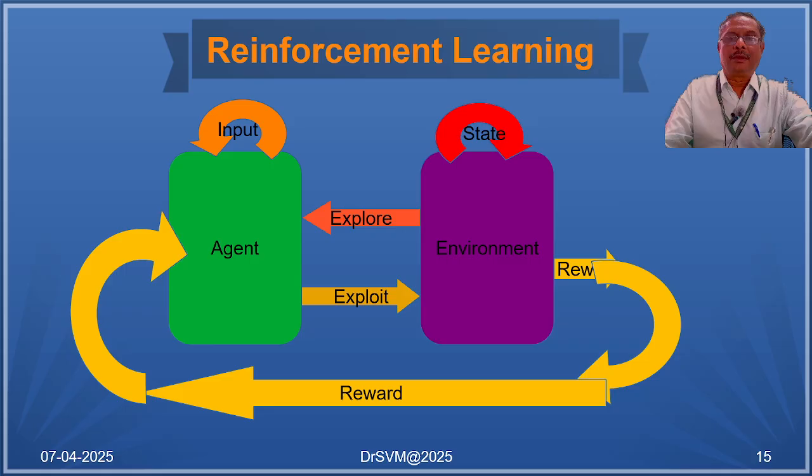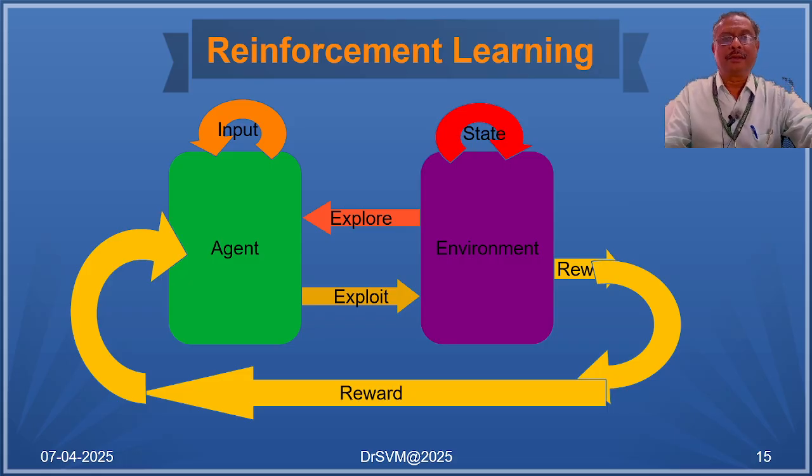And if the rider loses balance and falls down, then we say it's a negative reward. Whatever it is, it goes back to the agent, saying that the actions taken have created a positive or negative reward, and the agent is encouraged to take the actions that produce positive rewards and discouraged from taking the actions that produce negative rewards.